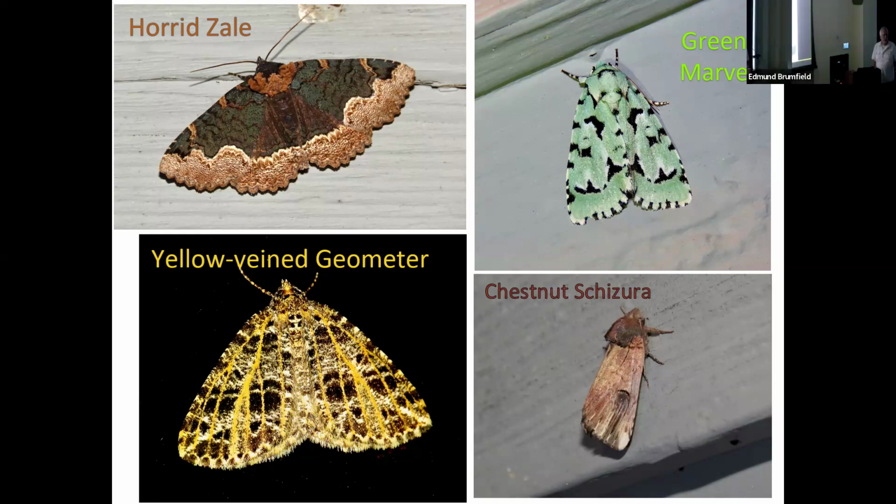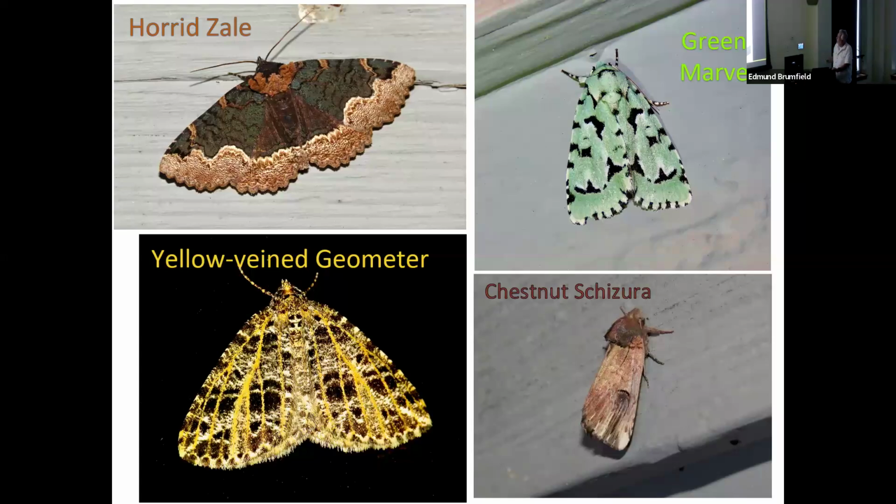It's got this rough look here, and it's got this inky color with the brown coming in and all this vermiculation here. Terrific moth, and it's fairly common. The green marvel is one of my superhero moth collection, of which there are a few. And the yellow vein geometer, I mean, look at that. That is just one fantastic moth.